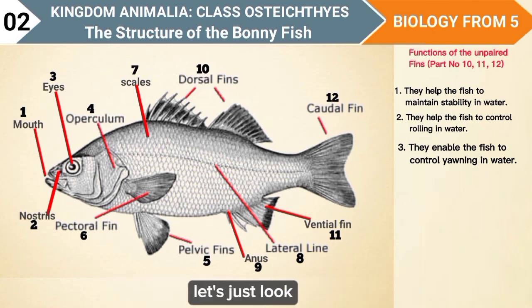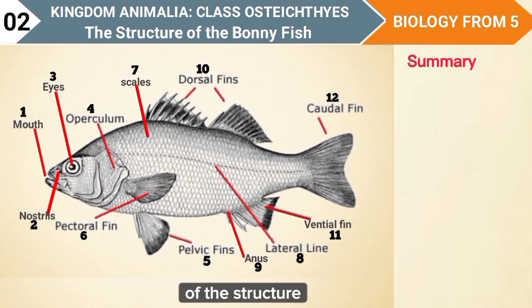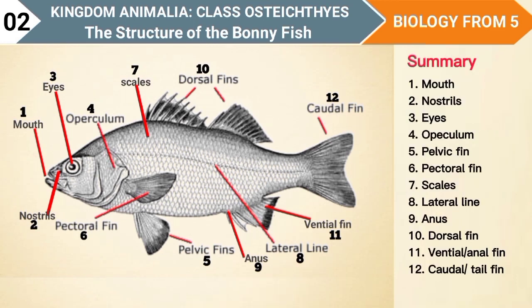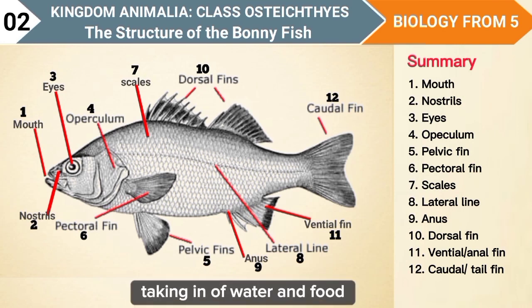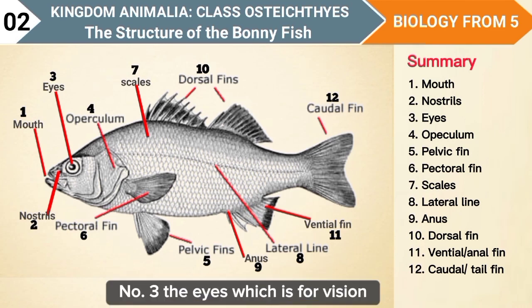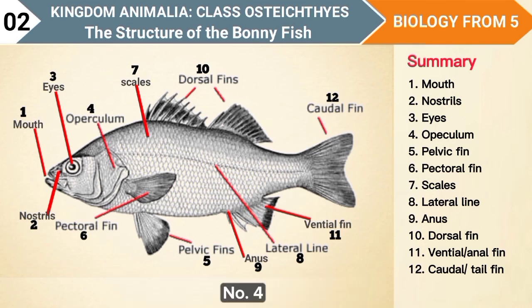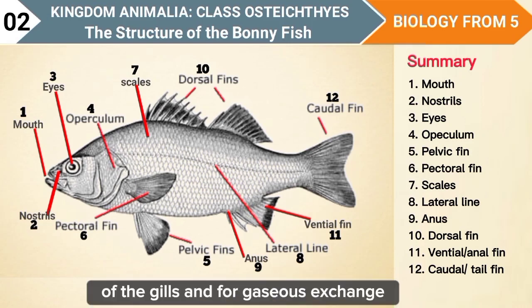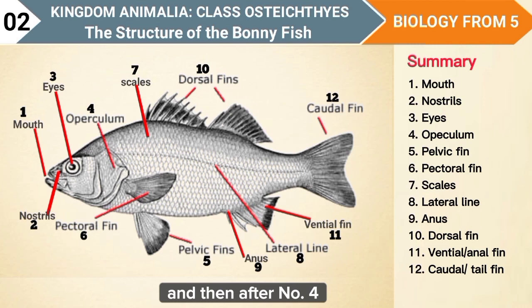Okay, so let's just look at a summary of the structure and functions of the parts. Number one, the mouth, which is for taking in of water and food. Number two, the nostrils, which is for smell. Number three, the eyes, which is for vision. Number four, the operculum, which is for the protection of the gills and for gaseous exchange. And then after number four, we went directly to number seven, which is the scales for protection of the body of the fish.